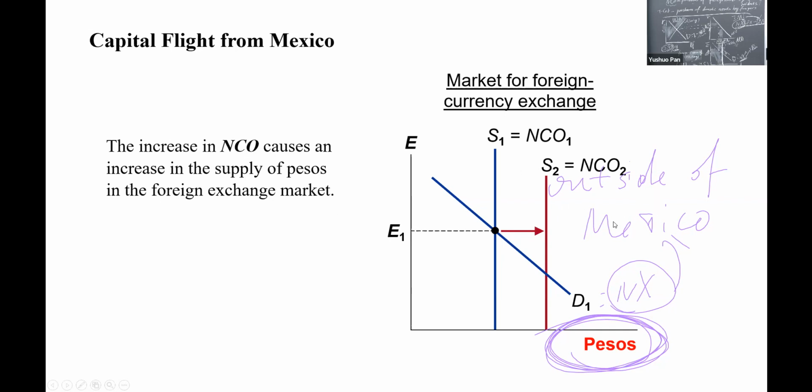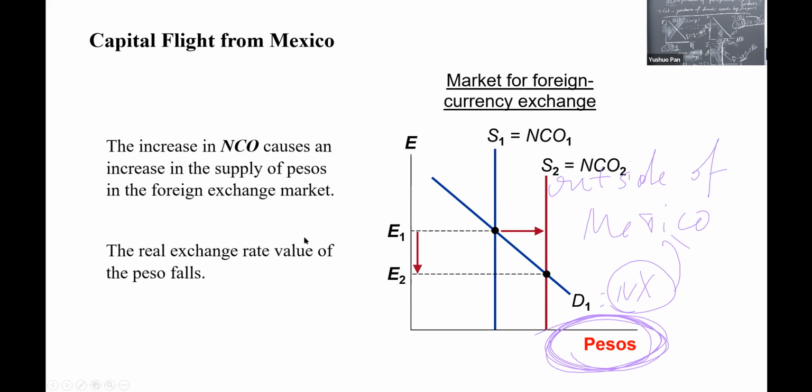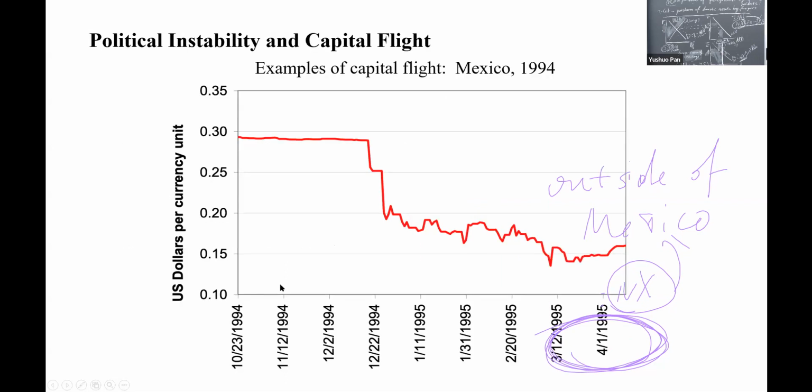If the supply is higher, which means the value of pesos is not as valuable as before, then the exchange rate is going to decrease because the supply is bigger than the demand. If the real exchange rate of pesos falls, the exchange rate will fall for the pesos.